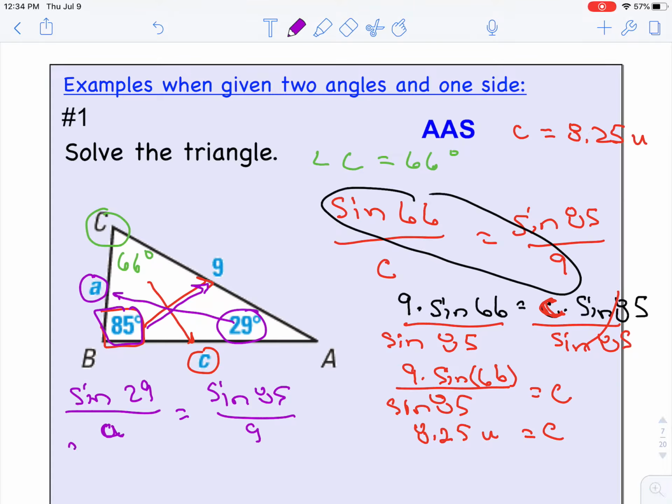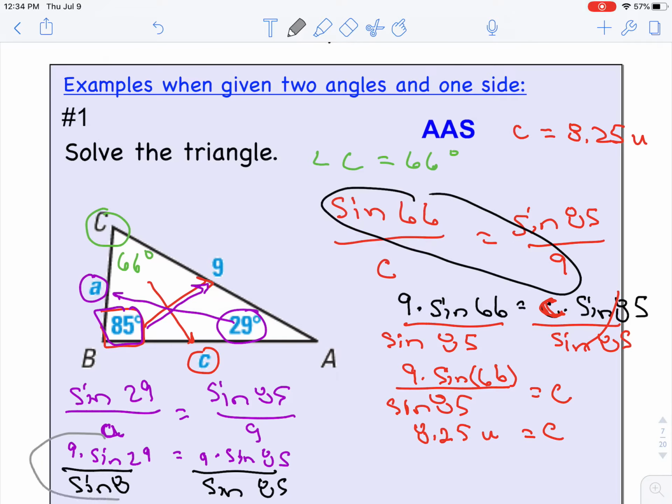Now again, we cross multiply, and that gives us 9 times the sine of 29 equals A times the sine of 85. Divide each side by the sine of 85.